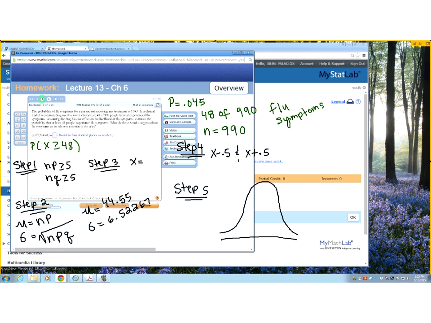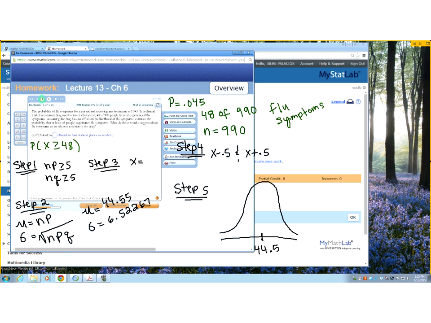So any ideas on what x is going to be here? Okay, so x is, well, the question says, what's the probability that x is greater than or equal to 48? Because it says at least. What is the probability that they at least have 48 people who experience the flu?